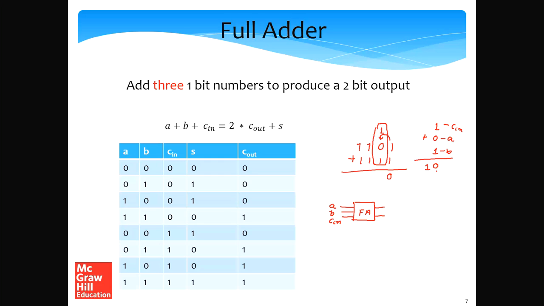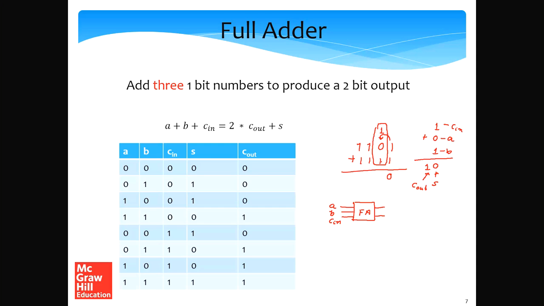Then what will be the output? The output will be a sum, the sum S, and we'll have a carry as an output, and to differentiate that from carry in, let's call it carry out. So there are 3 bits coming into a full adder: A, B, and carry in.